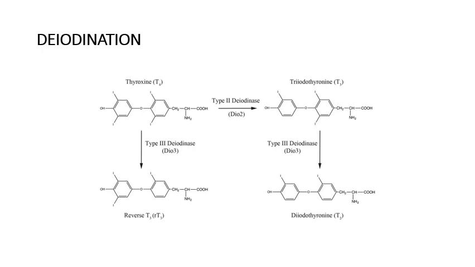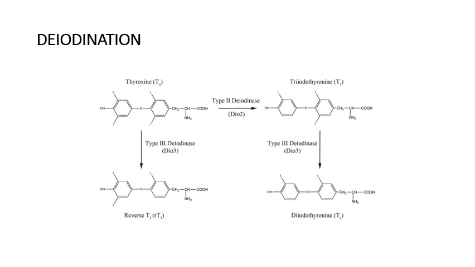Similarly, the same type 3 deiodinase enzyme acts on T3 and converts it into diiodothyronine. Again, this is also an inactive form, and it is taken back into the follicular cell and gets involved in thyroid hormone synthesis.